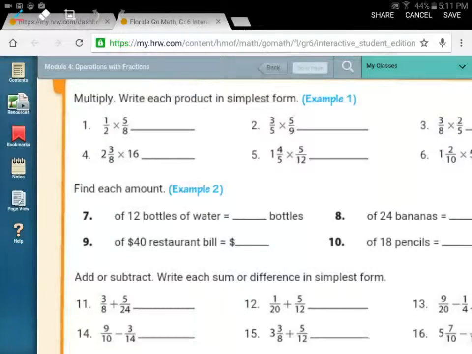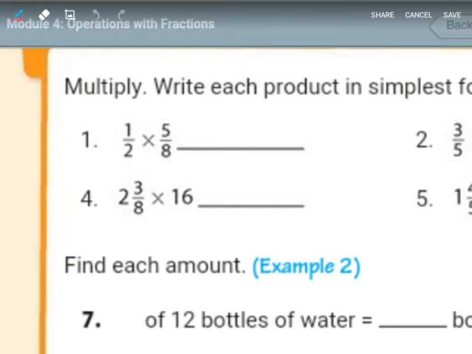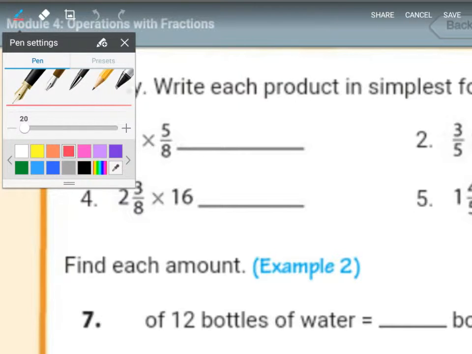All right, so here I have 1/2 times 5/8. Well, in order to do this problem, I've got to make sure that I can't cross cancel anything right away. At this point, let's look at our numbers. We've got 2 and 5.